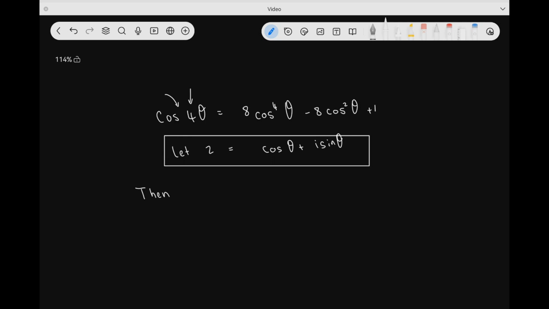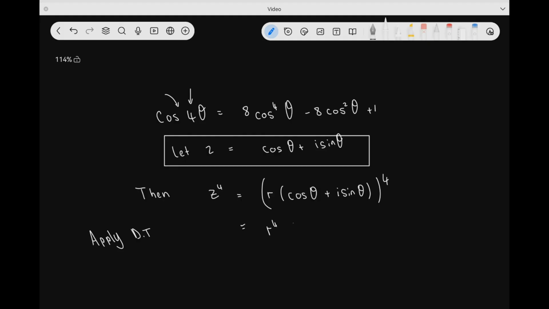Then we can say z to the 4 is going to be, I'll just write the full one anyway, r times cosine theta plus i sine theta, and we can raise all of this to the 4. We can then apply De Moivre's theorem.